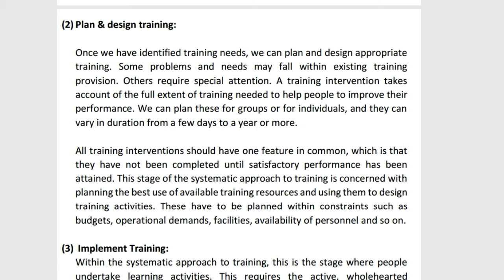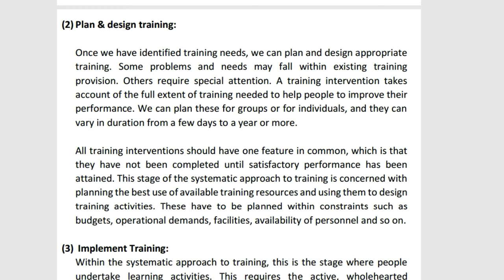We can plan this for groups or for individuals, and they can vary in duration from a few days to a year or more. So training program duration may vary. All training interventions should have one feature in common, which is that they have not been completed until satisfactory performance has been attained, or whether it will improve the deficiency or not.